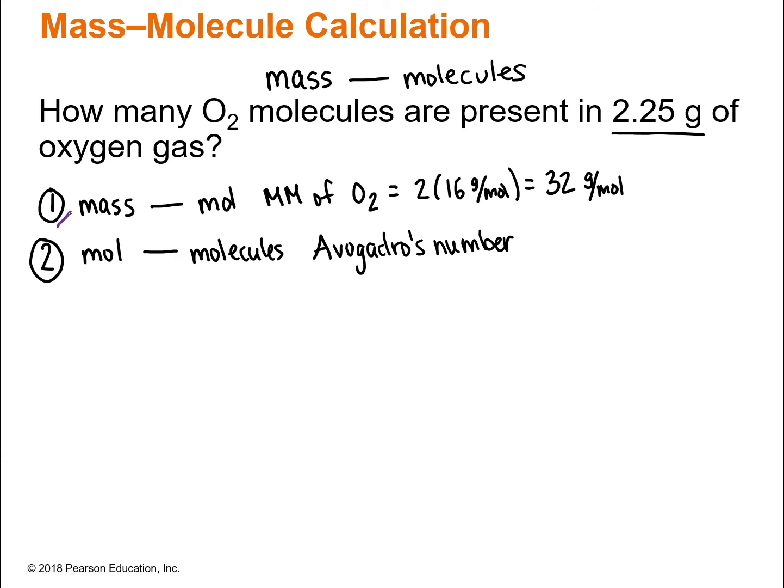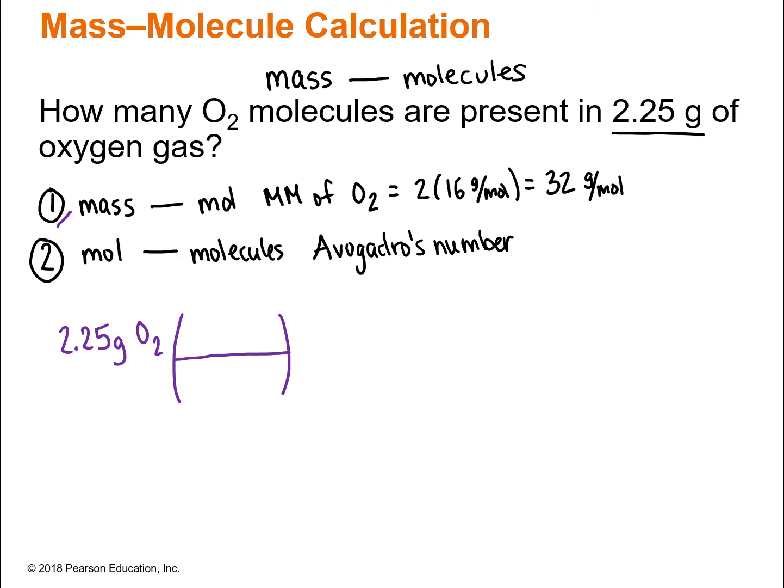So you can match it up like last time. I'm going to do purple for the mass to moles. We're starting with 2.25 grams of oxygen. And we need to use our molar mass to get from grams to moles. Where am I going to put my grams?